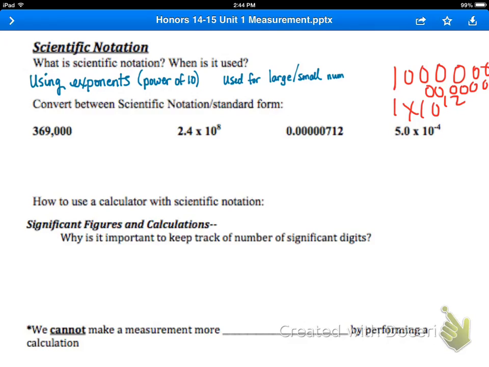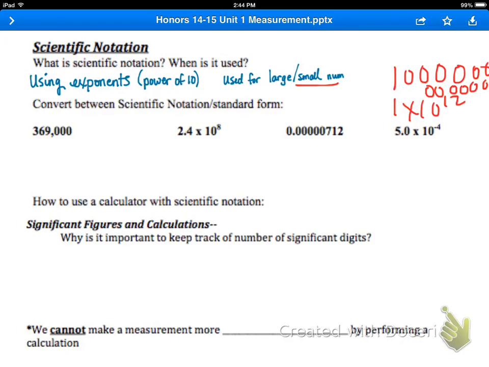It's not realistic to write all these zeros, and we are always, in chemistry, talking about very large numbers when we're talking about how many atoms there are somewhere. We are also often talking about very small numbers.